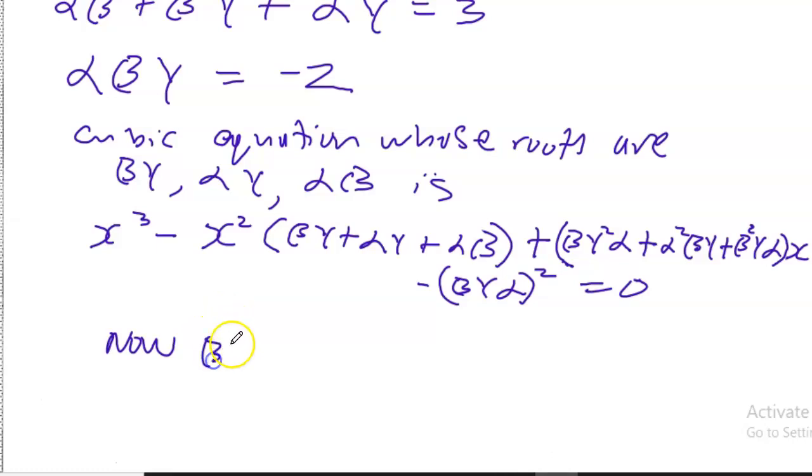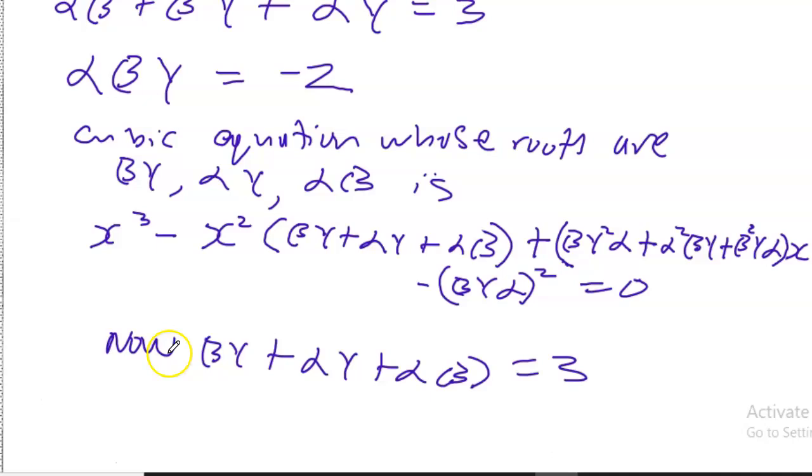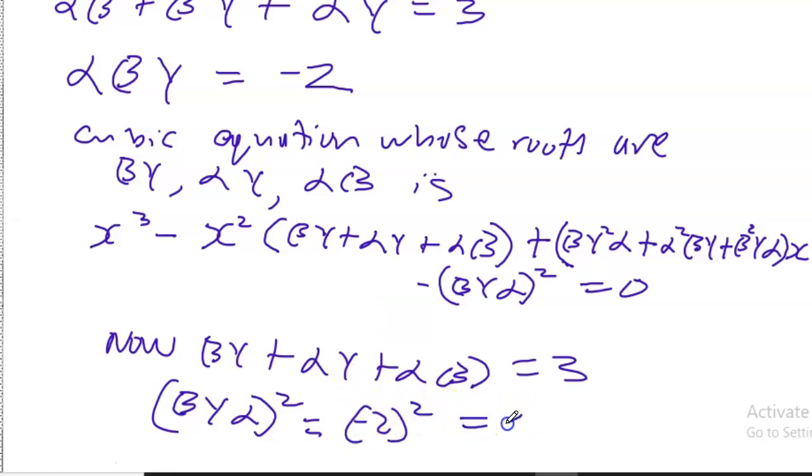Now beta gamma plus alpha gamma plus alpha beta, we have the value already. That value is equal to positive 3, right? Now beta alpha gamma all squared is equal to this minus 2 all squared, which is equal to 4.